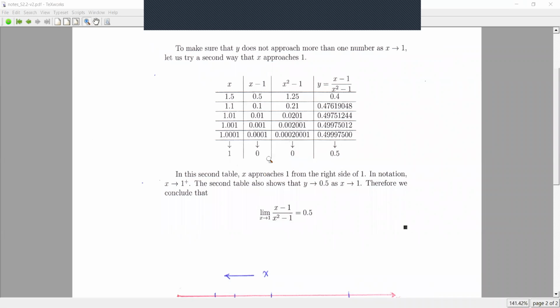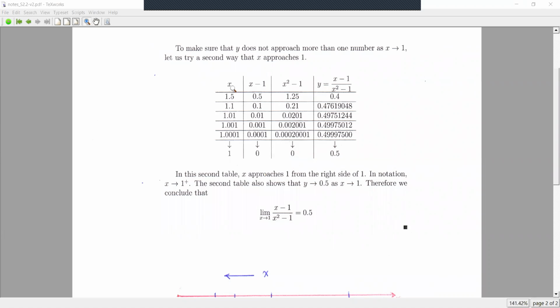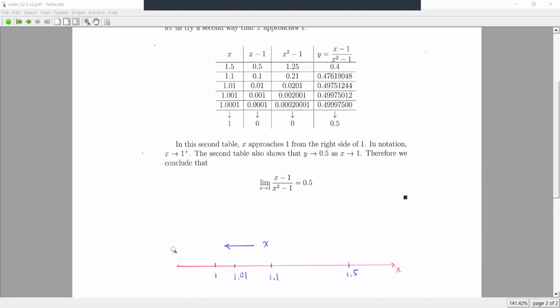Here is a second table. In this table, I let x approach 1 by taking these points. If you plot these points on the number line, then you will see all the points are on the right-hand side of the point 1. 1.5 is on the right side, 1.1 is on the right side of point 1, 1.01 is on the right side.